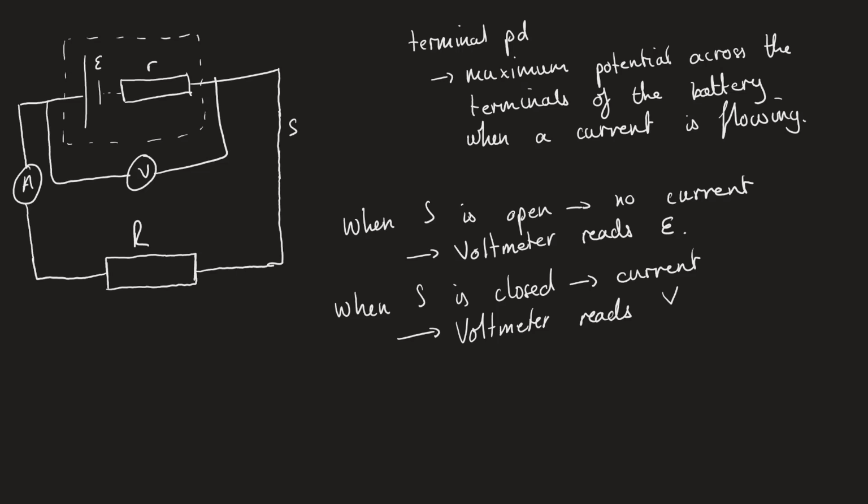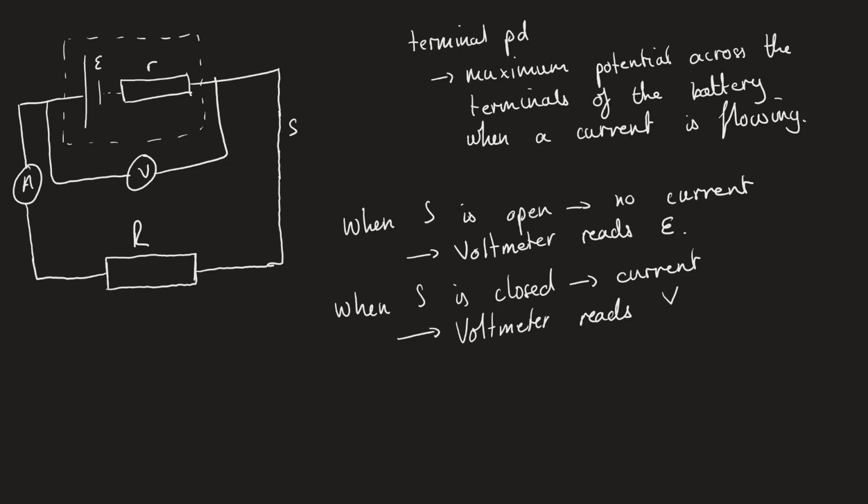But what we're going to do now is see, using the ideas that we already know, using our 3 fundamental laws of electricity, Kirchhoff's laws and Ohm's law, if we can come up with some sort of expression that we can use to calculate what the internal resistance of something is.